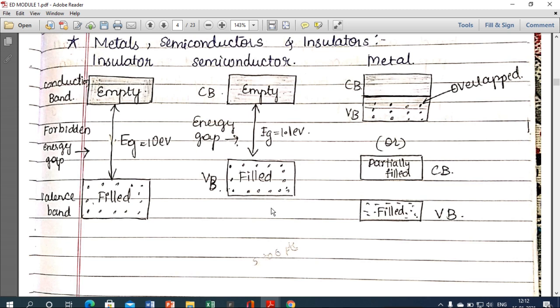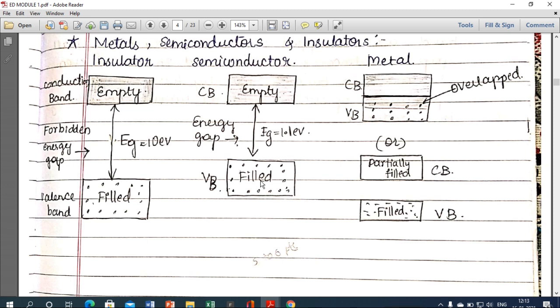When it comes to the semiconductor, this is the energy gap between the conduction band and valence band, and it is just 1.1 electron volt. For a particular external voltage, the electrons in the valence band will move towards the conduction band.